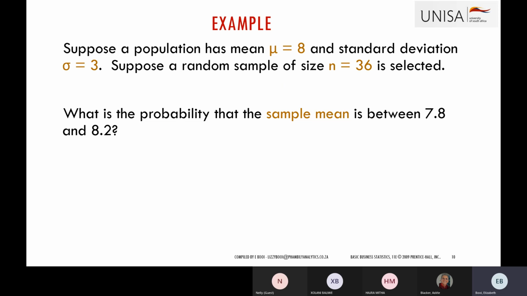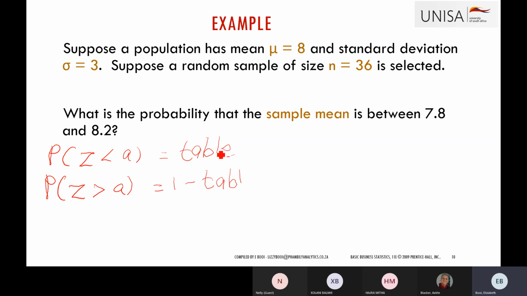Before we start there, remember when we calculate the probability of any value where it is less than, we're always going to find the value of that probability on the table. If we calculate the probability of z greater than any value, we're going to say 1 minus the probability we find on the table.